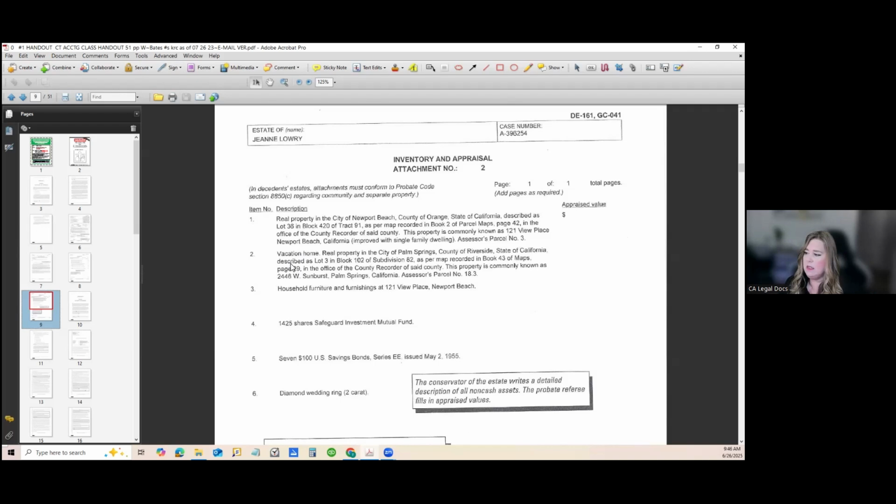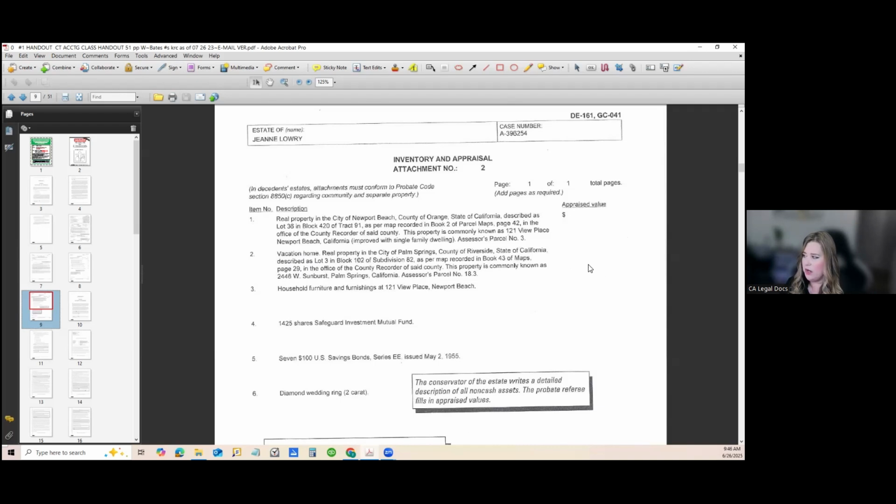In this case, the person had also a vacation home. Again, I'm listing what their interest, 100%, 25, 50, whatever it is. And I will put as much information as I have, again, commonly known as, I would put as a separate line item, APN number, also a separate line item. You will notice you will not provide value.